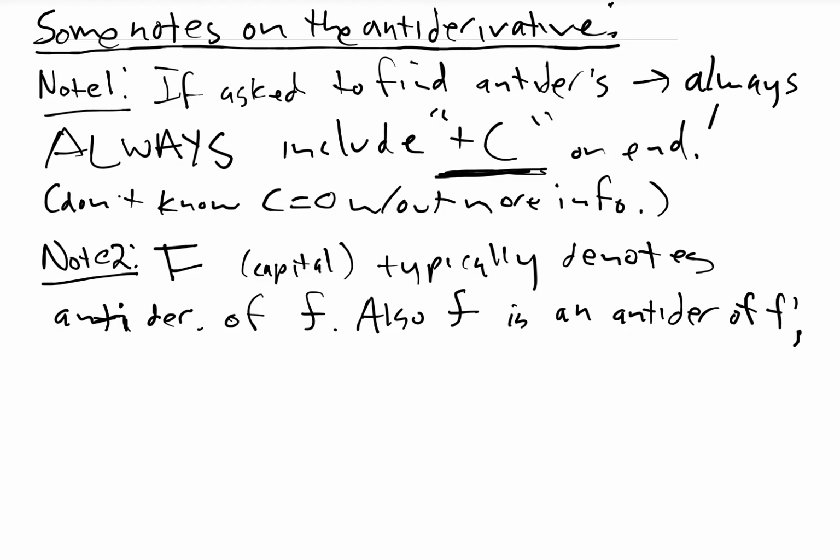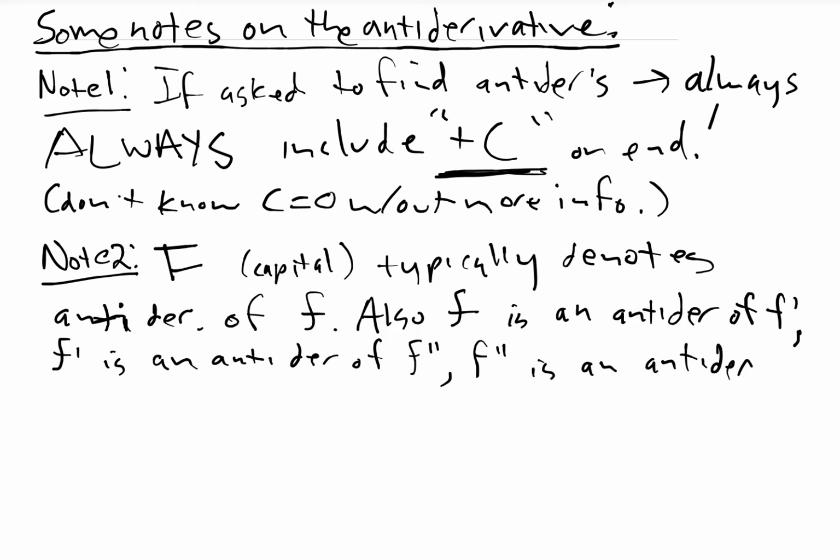And you can go a little bit deeper down the rabbit hole here. F prime is an antiderivative of f double prime. F double prime is an antiderivative of f triple prime, etc.